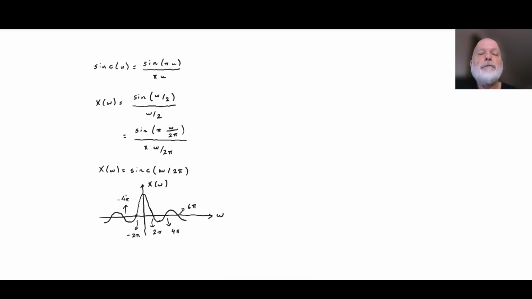Okay, now we have interpreted the Fourier transform as a measure of how much e to the j omega t is contained in x of t for a particular omega.